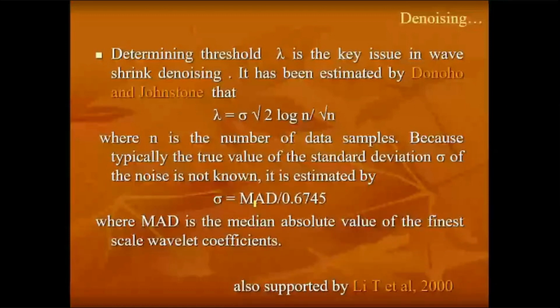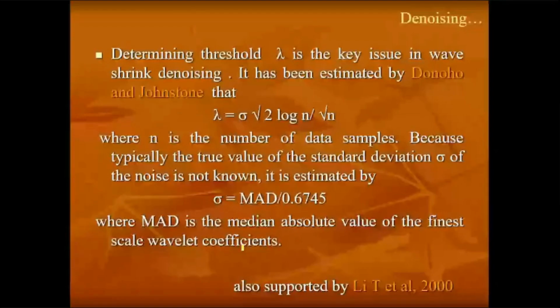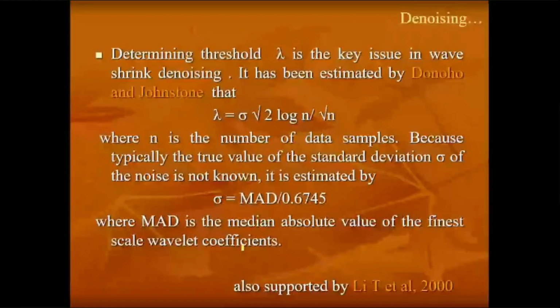This one is the median absolute value of the finest scale wavelet coefficients. So when we are finding the denoising, in that process we can see which one is the very finest scale. So we have to take only that scale.